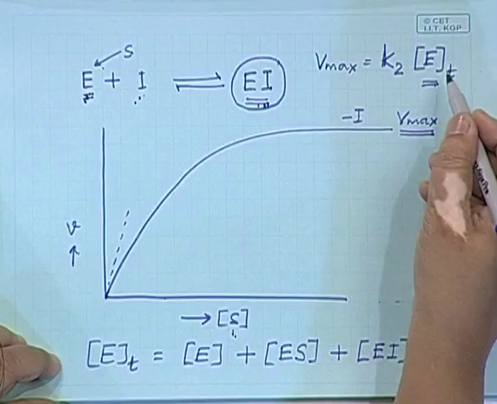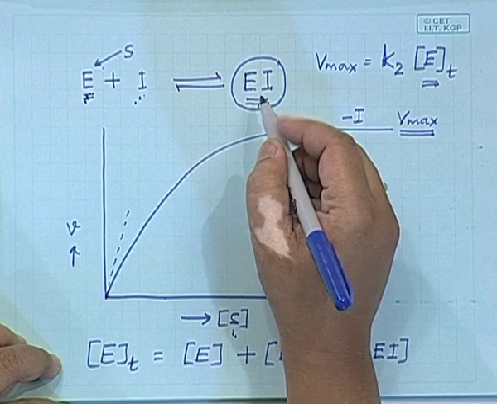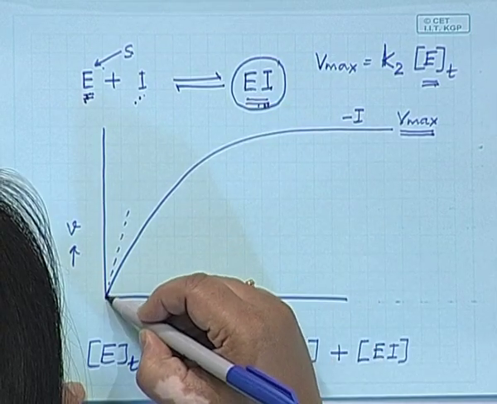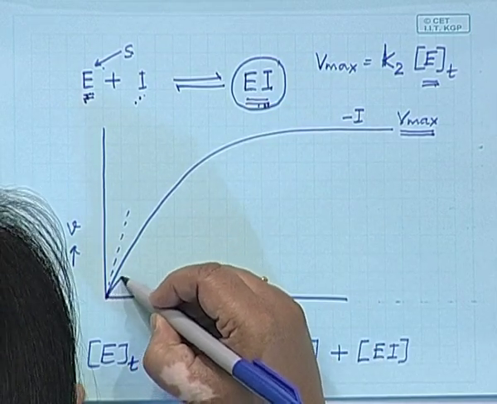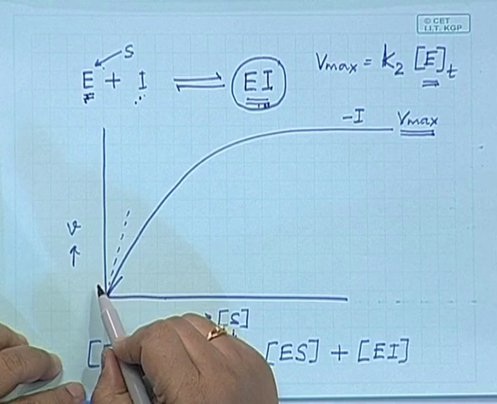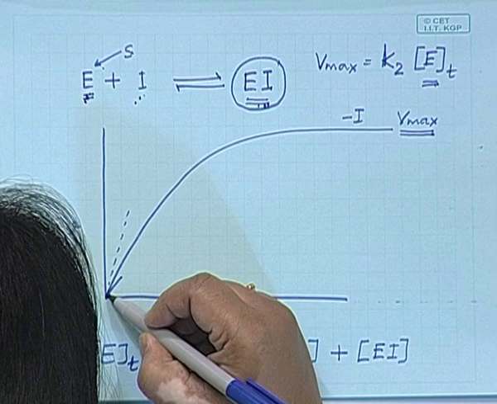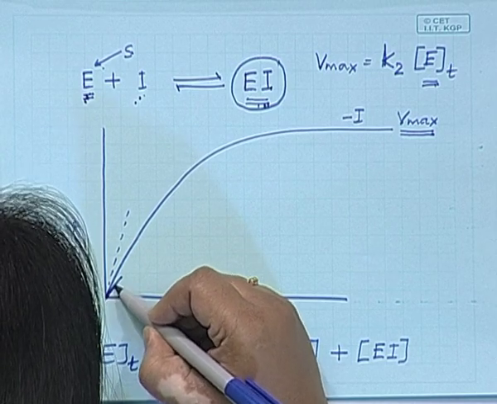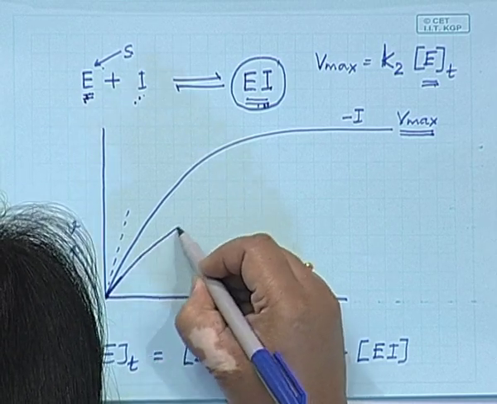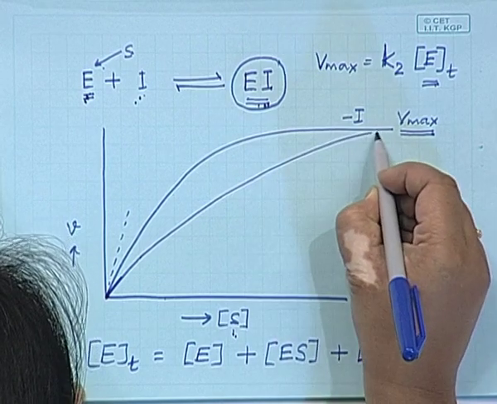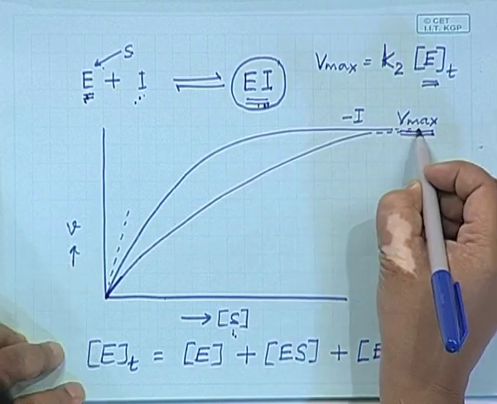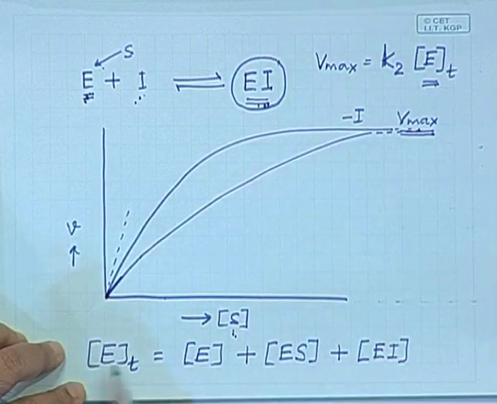Part of the enzyme is going for the enzyme inhibitor, so this is going to be flatter because my velocity is going to be decreased. Once I have a decrease, it is going to be this, but it is eventually going to reach Vmax. Why? Because the total enzyme is the same.